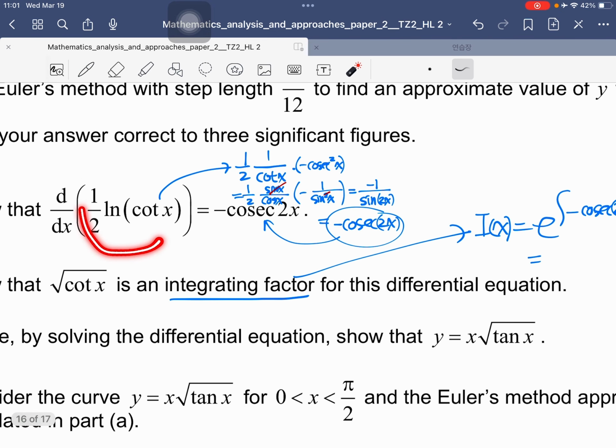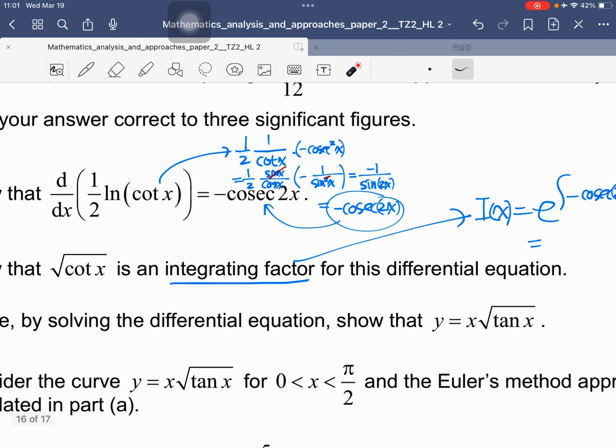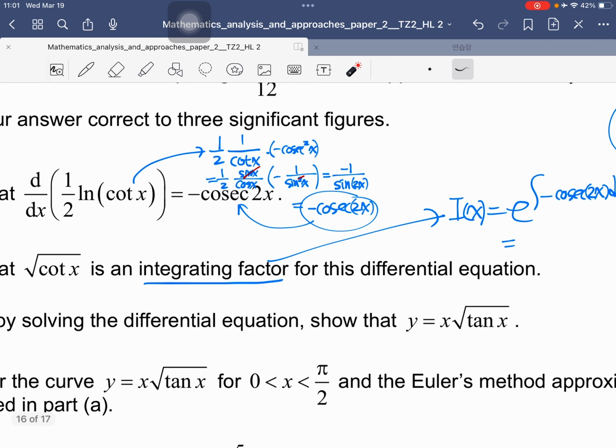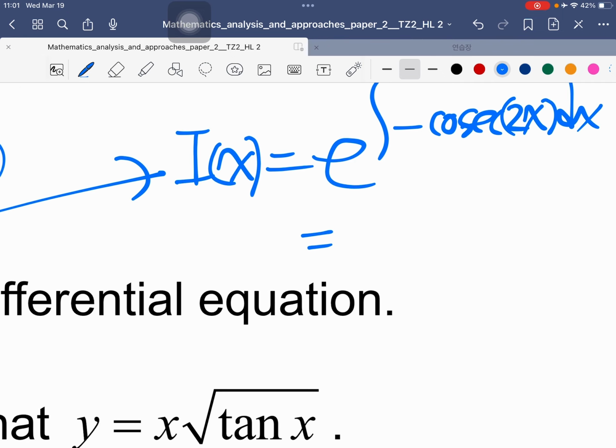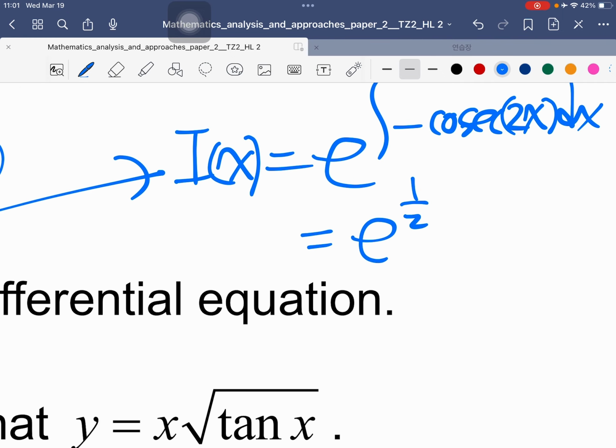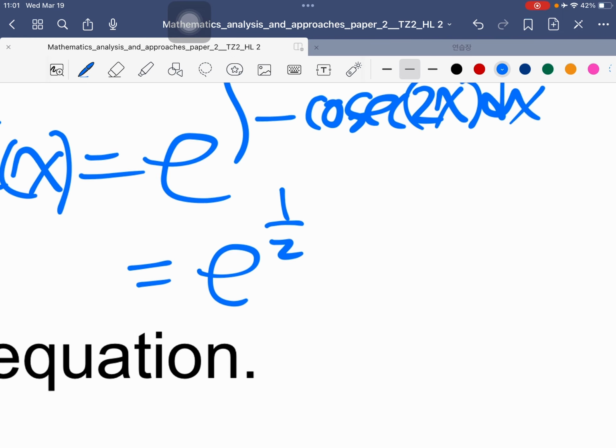differentiating this one will give us that one, which means that integrating that one will give us this one. So it's going to be e to the 1 over 2 ln cotangent of x.